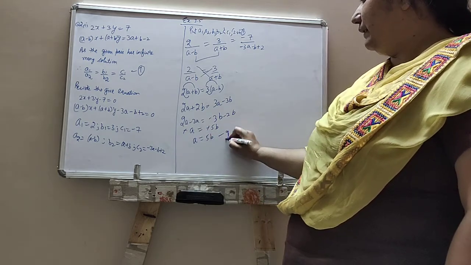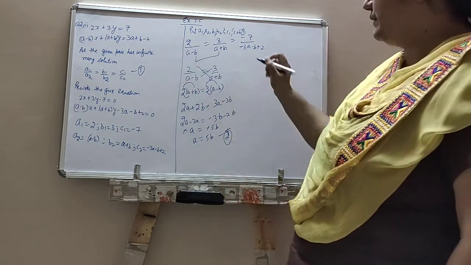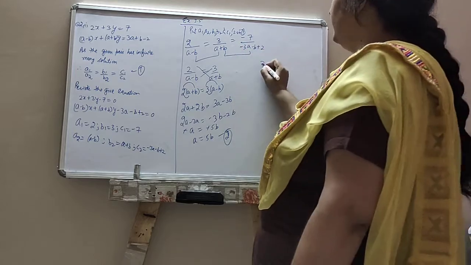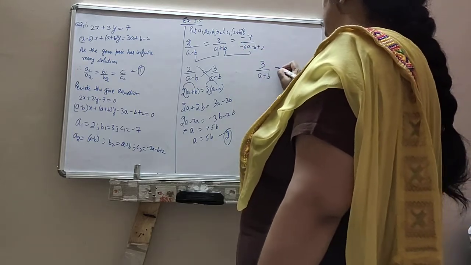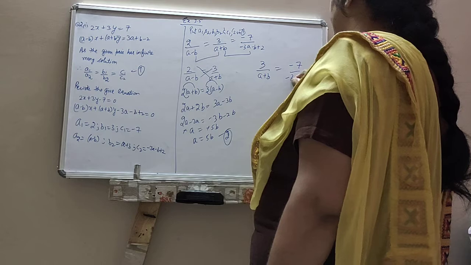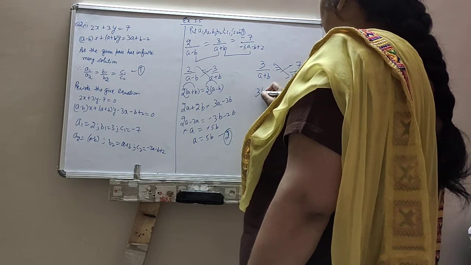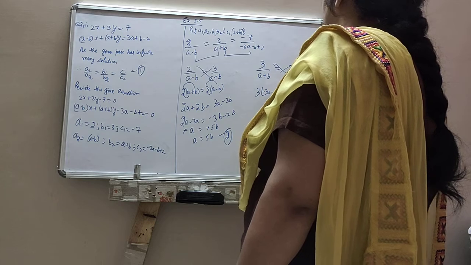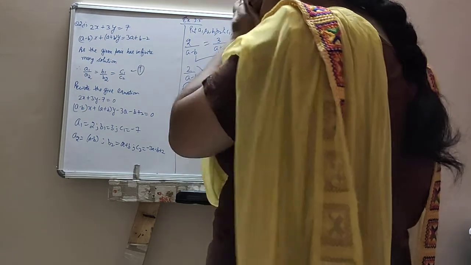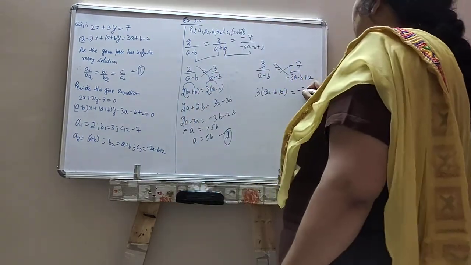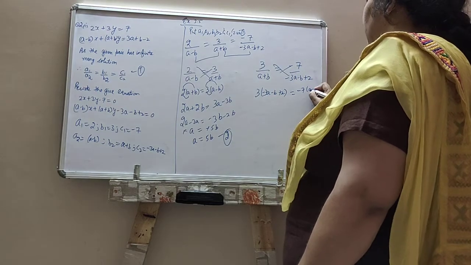This is our second one because already give the first. Now solve these two. 3 by a plus b is equal to minus 7 by minus 3a minus b plus 2. Do the cross multiplication. 3 into minus 3a plus b 2 is equal to minus 7 times a plus b.